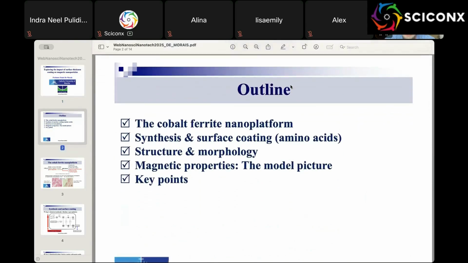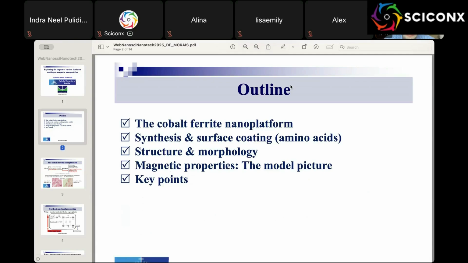Here is my agenda for today. Briefly, I will comment on the cobalt ferrite nano platform. Then I will summarize how the chemical synthesis is performed to produce cobalt ferrite nanoparticles in a first step, and then in a second step, how we surface coat the cobalt ferrite nanoparticles with a set of amino acids.